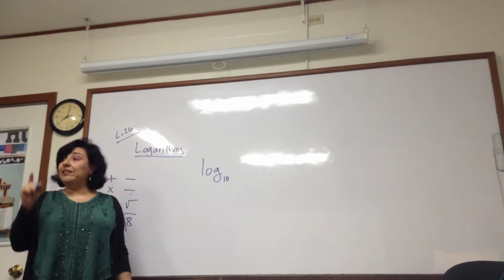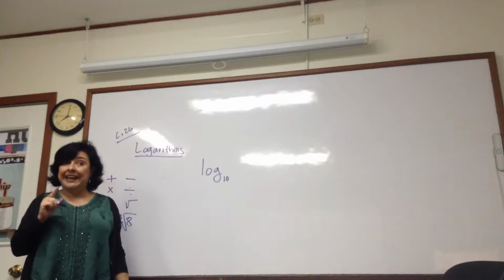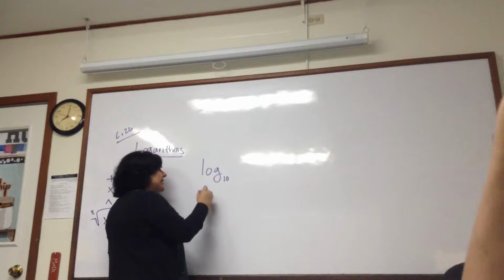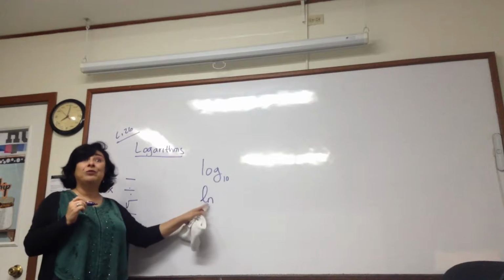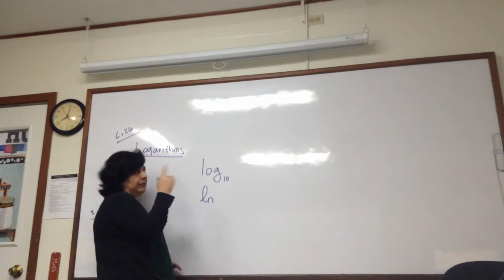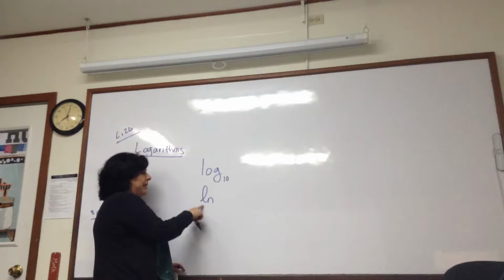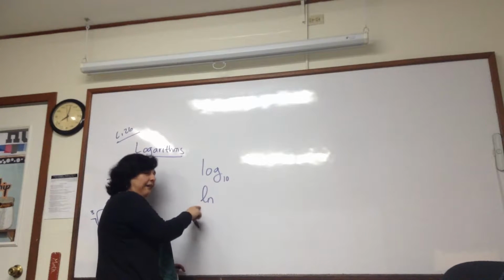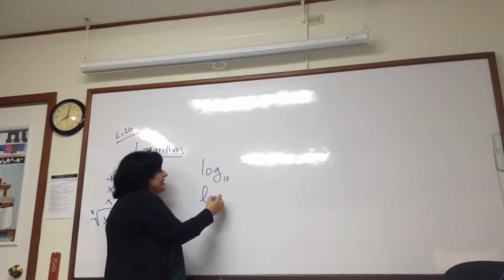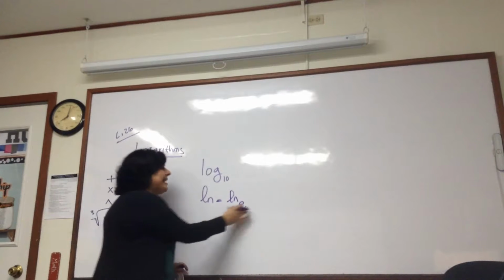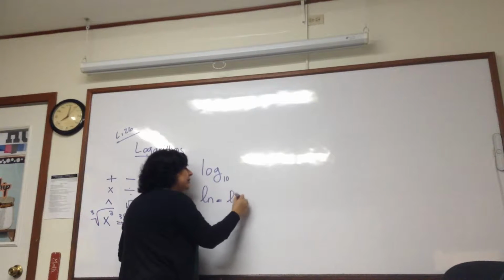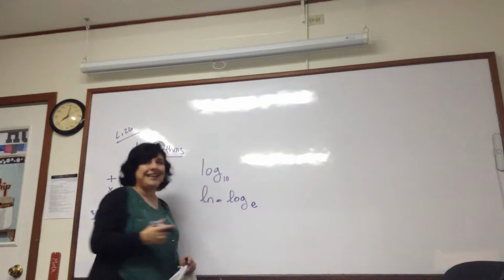Okay? The one in the calculator is always base 10. And there's one that says natural logarithm, ln, logaritmo natural. In Latin, which is pretty similar to Spanish, that's why it's ln and not nl. This is logarithm in something called base e.